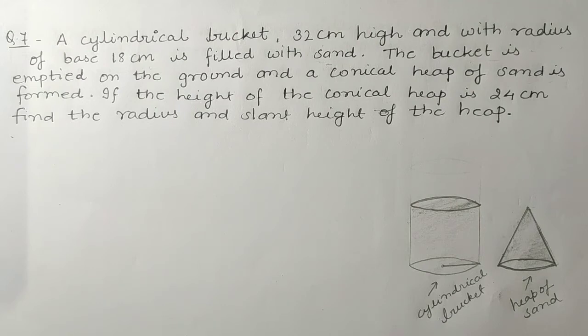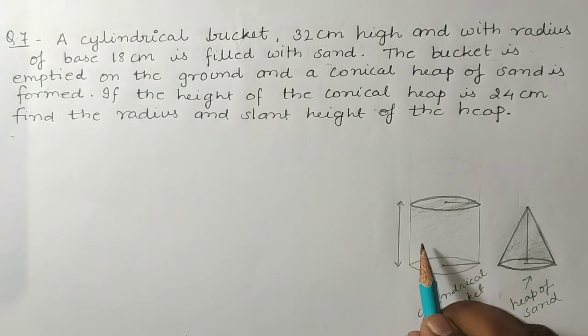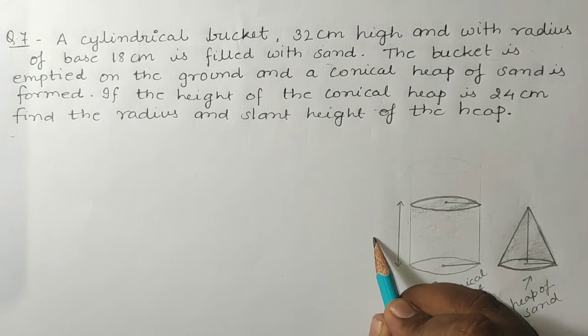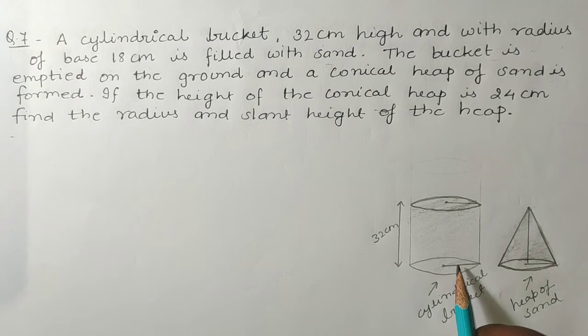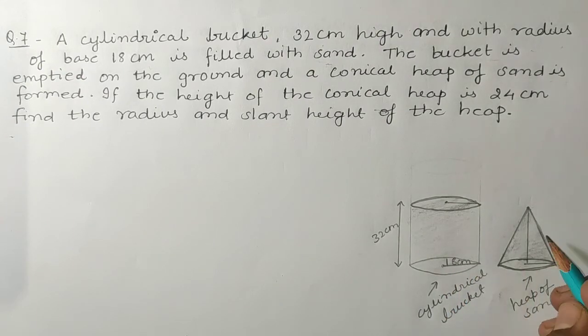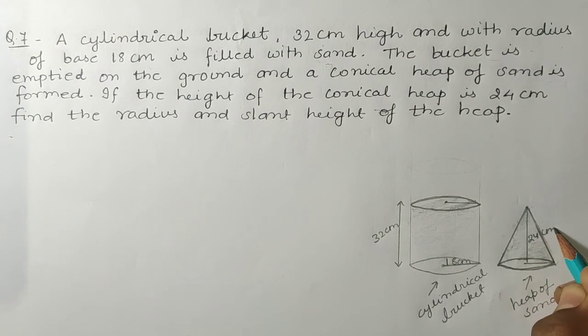See students, the height of the cylindrical bucket is 32 centimeter, the radius of the cylindrical bucket is 18 centimeter, and the height of the conical heap is 24 centimeter.